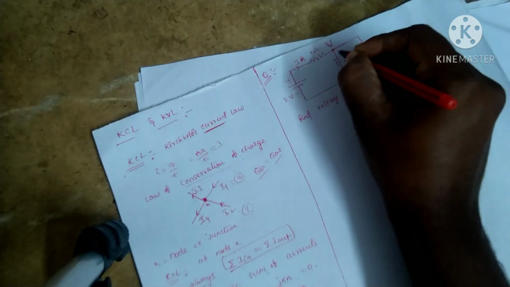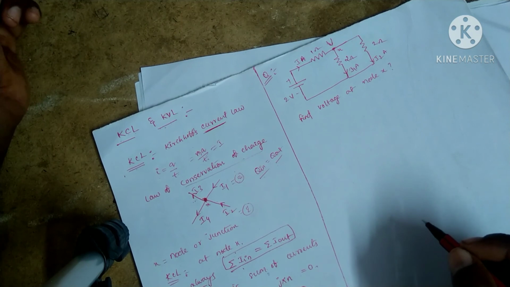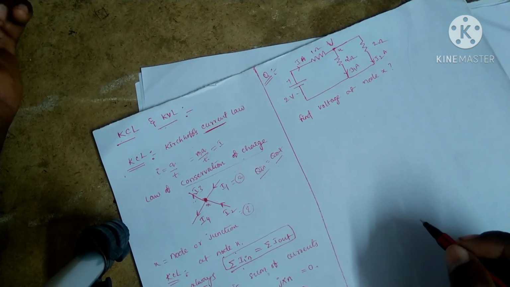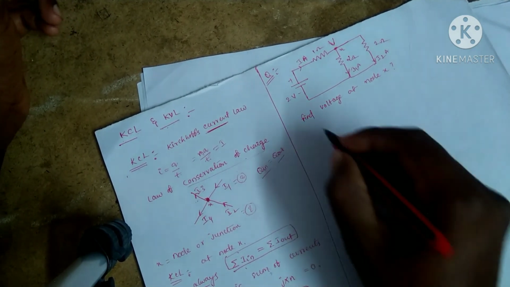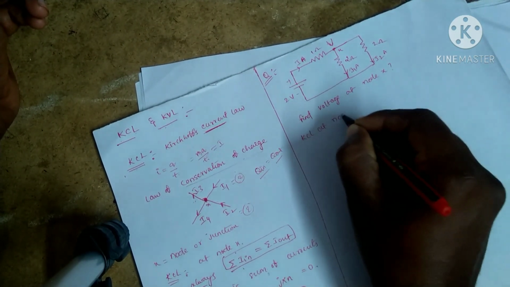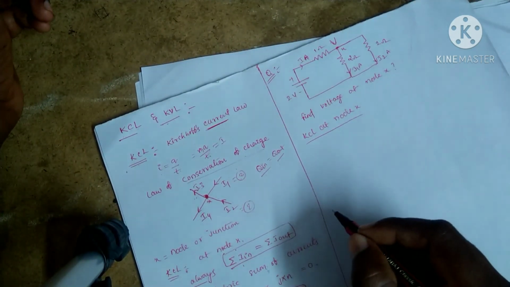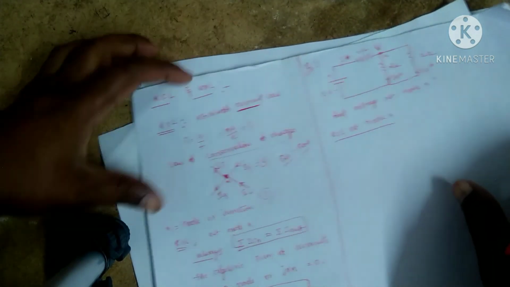This is called x. So simply you can find the voltages by using KCL. KCL at node x.